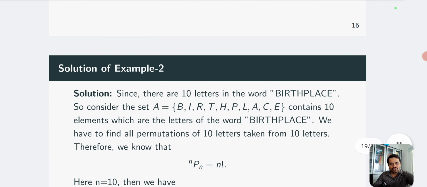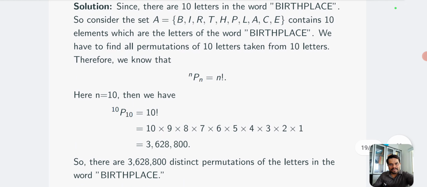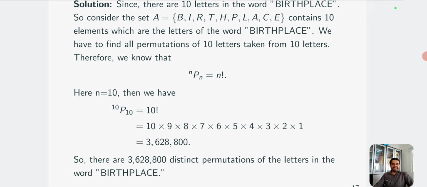You know the result on permutation: nPn is equal to n factorial. We have to arrange 10 letters out of 10, and that's why 10P10 is equal to 10 factorial.